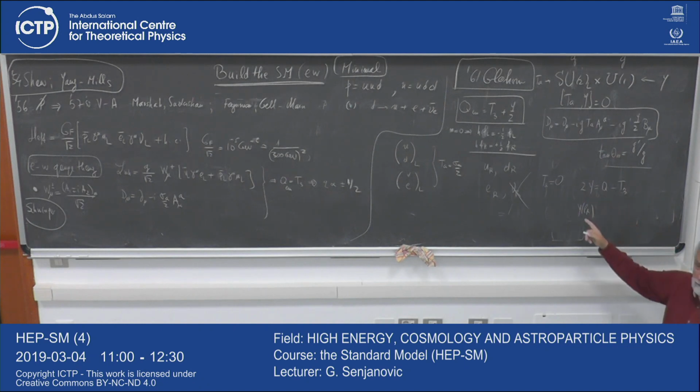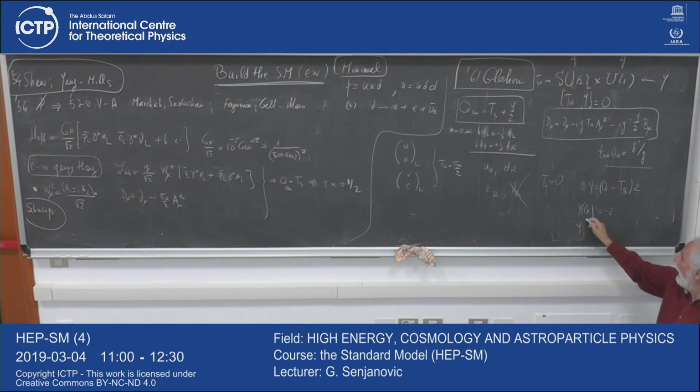How do you read this formula? Q is minus 1. No. It's 1. Q is minus 1. Minus 2. Minus 2, please.